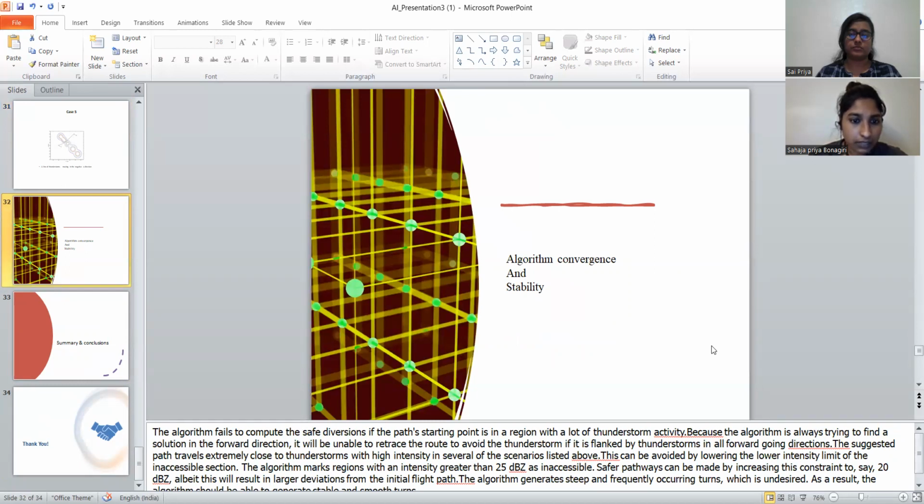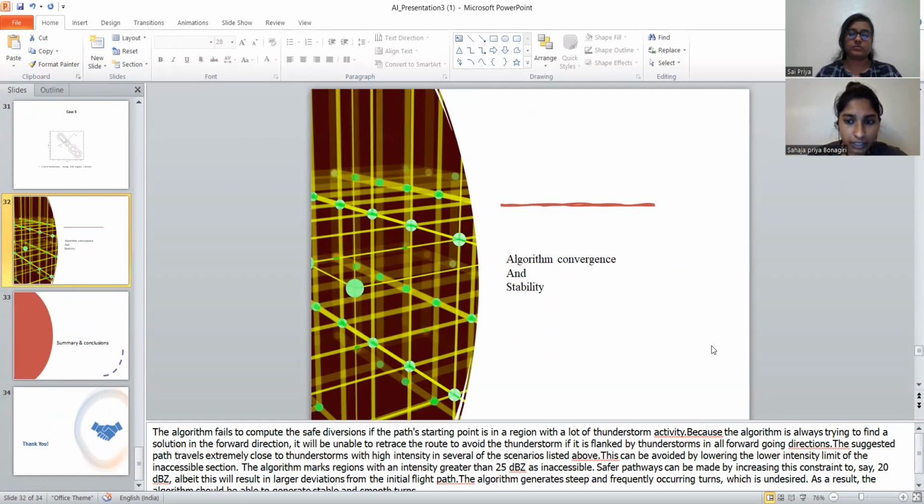Coming to algorithm convergence and stability. If the path starting point is in an area where there are a lot of thunderstorms, the algorithm does not figure out the safest routes. There are thunderstorms on both sides of the algorithm, so it won't be able to go back and avoid them if they can't move forward. In some of the scenarios, the suggested path comes very close to thunderstorms with a lot of power.